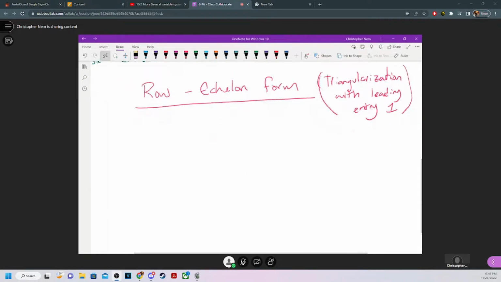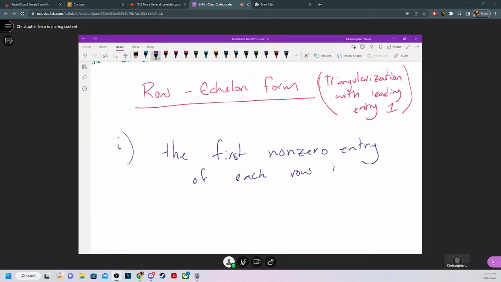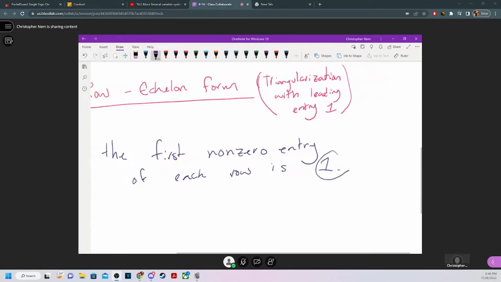So in particular, we need to satisfy 3 conditions to be in row echelon form. Row echelon form states that we need to have the first non-zero entry of each row be 1.